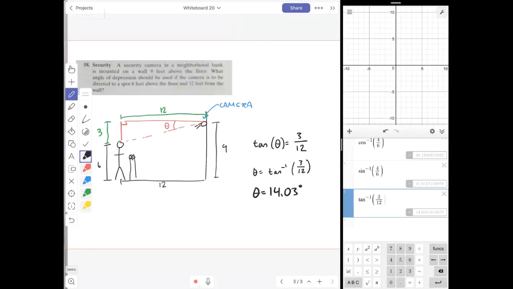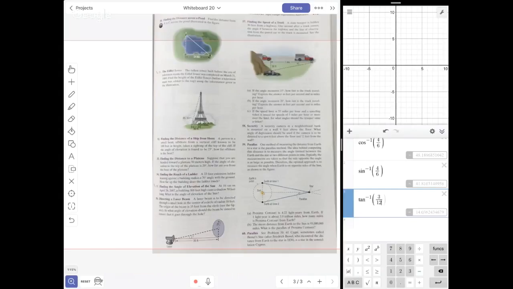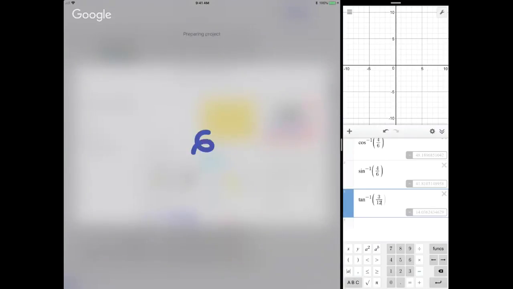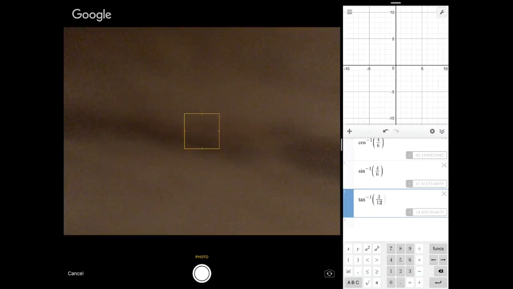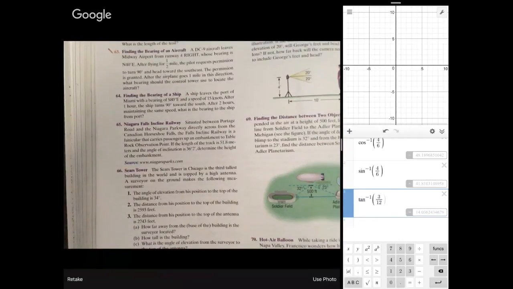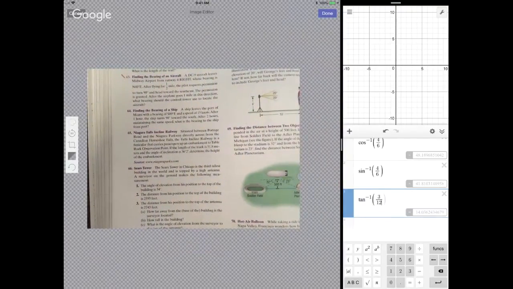Let's check out bearing of a ship, number 64. Put my calculator away for the moment.